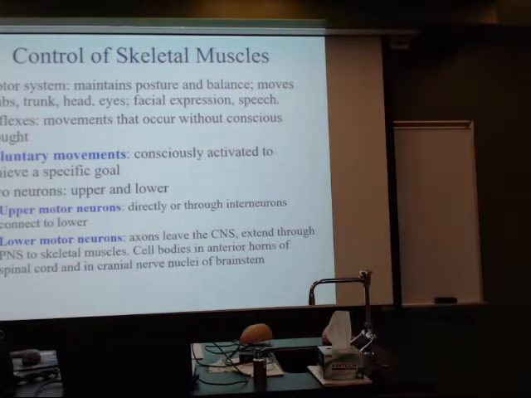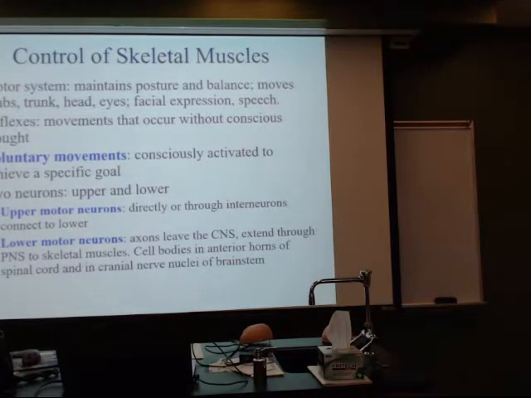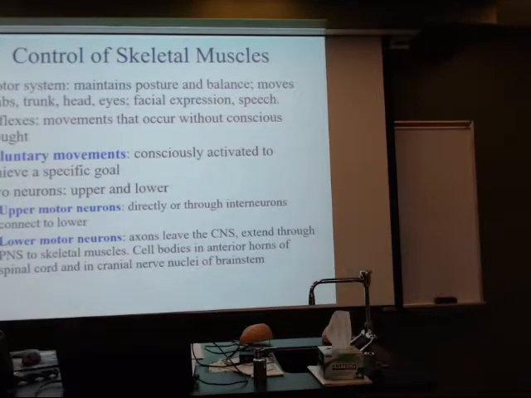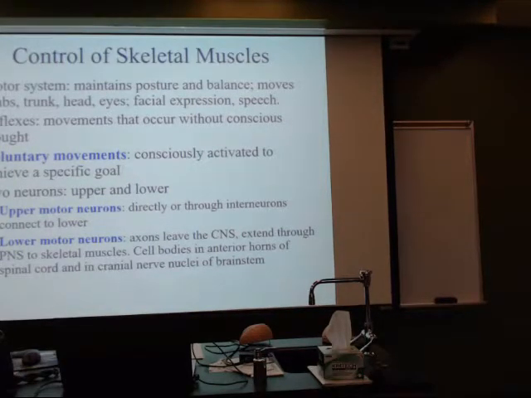That is something that you do. It's an automatic response. For the most part, we say skeletal muscle system, voluntary. Consciously doing something to achieve your goal. You guys remember upper, lower neurons, all right, where we have like the neurons that'll synapse in the thalamus, and do you remember those? Upper and lower and that sort of thing.